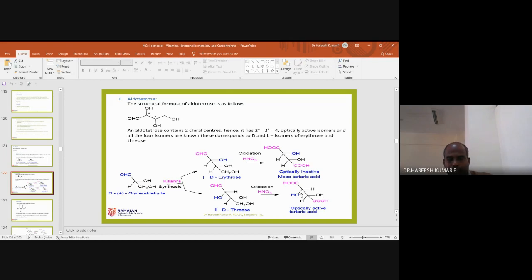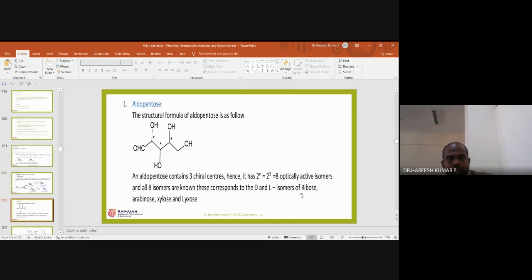Next I will go for aldopentoses. I will go to the next slide. Aldopentoses. So aldo means containing an aldehyde. How many carbon atoms are there? 1, 2, 3, 4, 5. 5 carbon atoms are there. That is the reason it's a pentose.